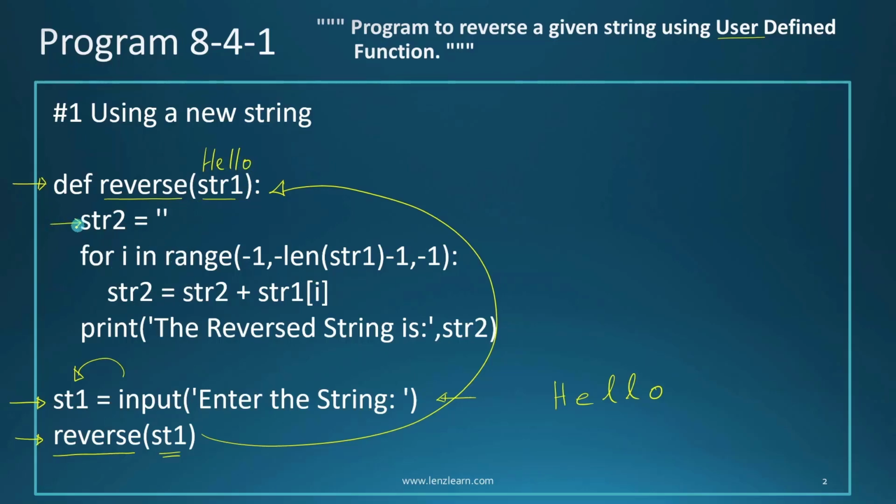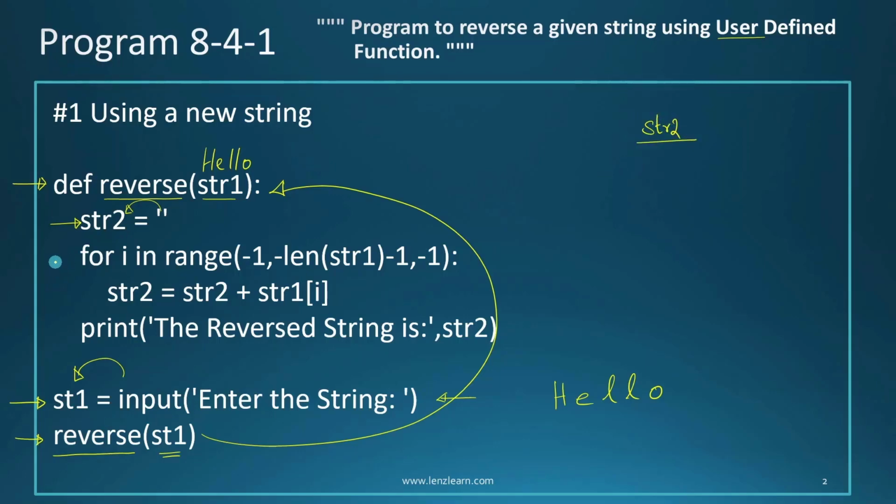Then I'm creating a new variable str2 with nothing inside it. You can see it is just two single quotes, not a double quote, without a space. So we are storing a blank string into str2, and right now there is nothing inside it.